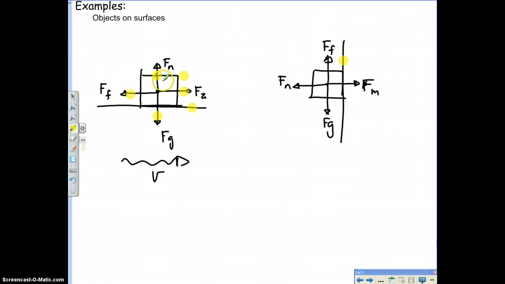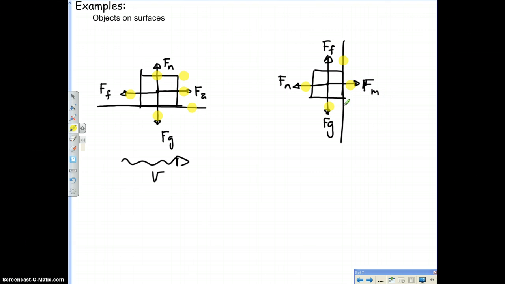So you can see this, because this object is touching a surface below it, that means that the normal force is acting up. And here you can see the normal force is to the left because it's the force that touches back when something touches the wall. This Fm is the force of magnetism. And then you can see that gravity is acting down.